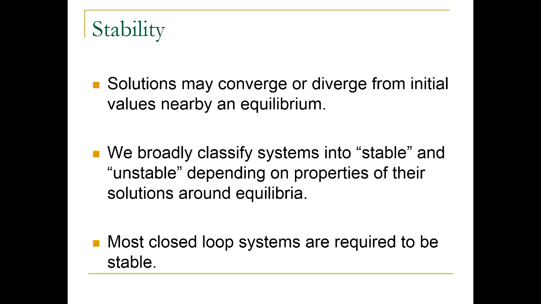So we can broadly classify all systems or all equilibria of different systems into stable and unstable, depending on properties. We can also talk about marginally stable, or almost unstable or almost stable systems. Most systems that we will design would be required to be stable.